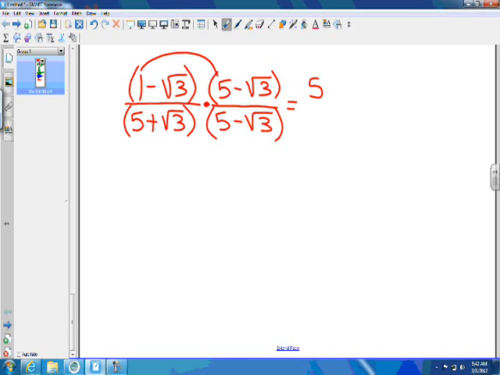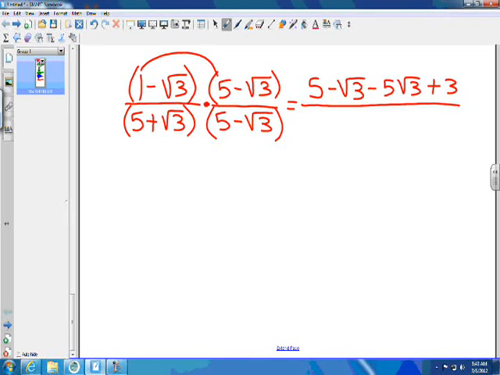Outside, we have 1 times negative square root 3, is what? Negative square root 3, good. And then on the inside, we have 5 times negative square root 3, minus 5 square root 3. And then the last, negative square root 3 times negative square root 3. First, we know it's going to be what? Positive, and the radicals cancel to give you 3.